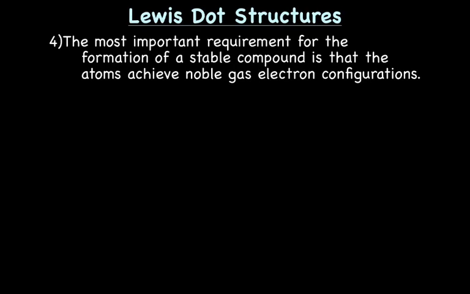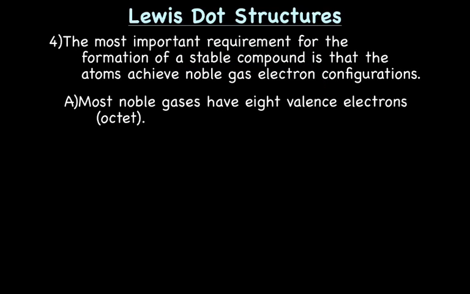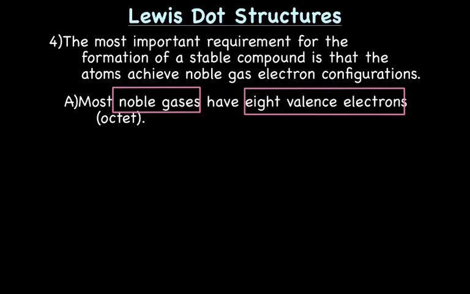The most important requirement for the formation of a stable compound is that the atoms achieve noble gas electron configurations. Most noble gases have 8 valence electrons, which we call an octet.